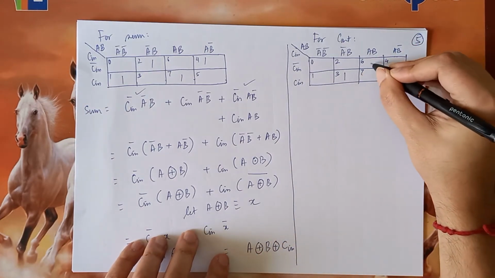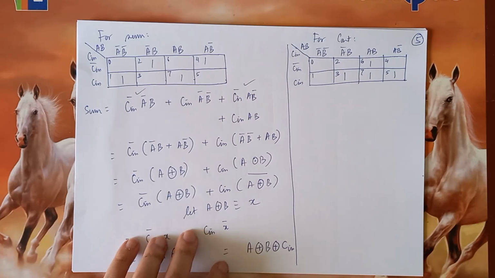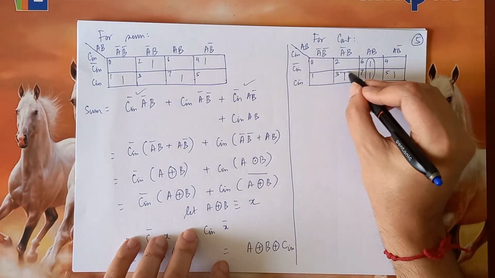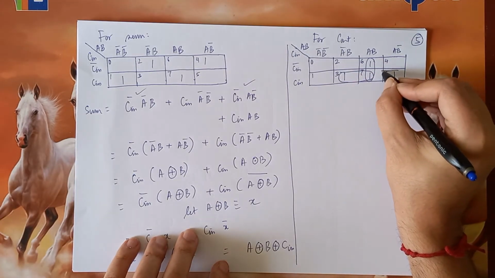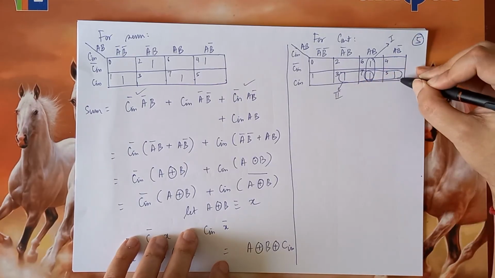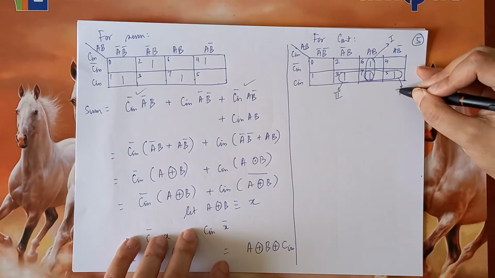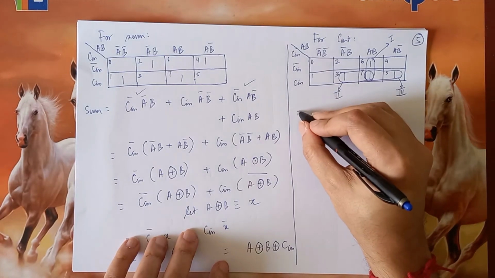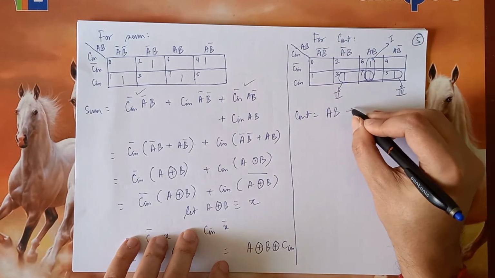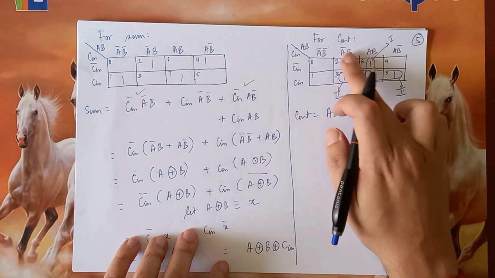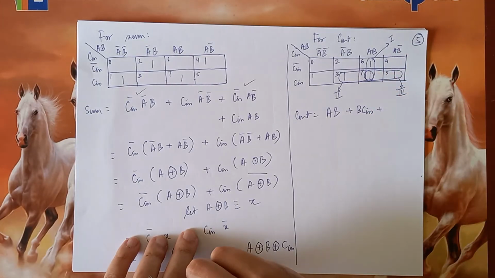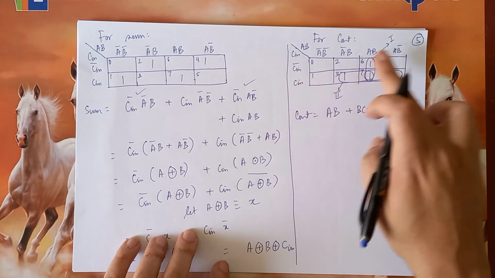So 3, 5, 6 and 7. It's like this. So here I can make 3 groups. One group over here, the other group over here, and the third group this way. Therefore, let me call this group number 1, group number 2, this as group number 3. So therefore, C out for group number 1 corresponds to AB, plus group number 2 corresponds to common terms of B and C in, and group number 3 is C in and A.